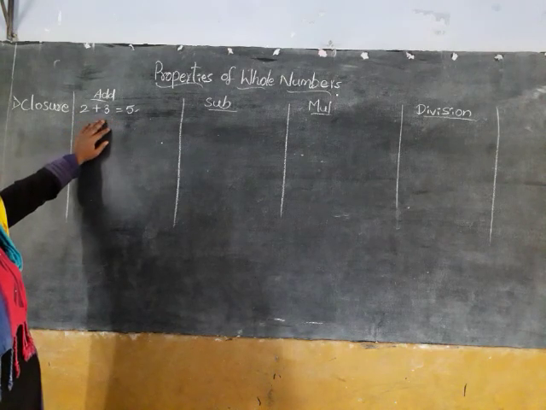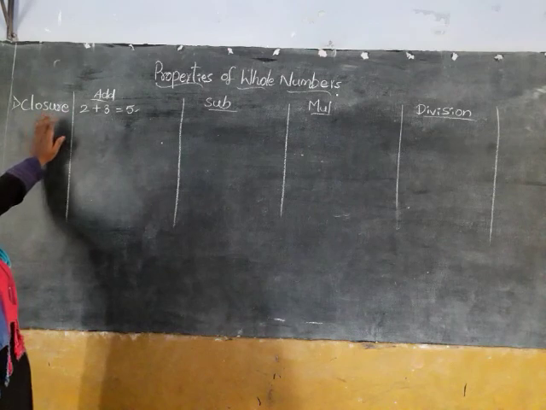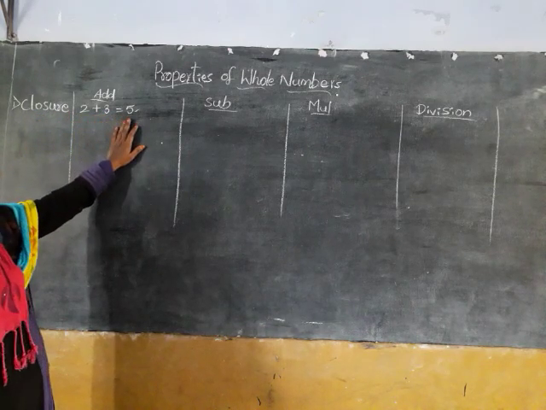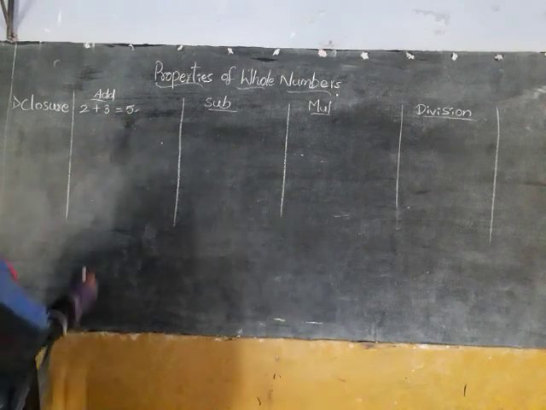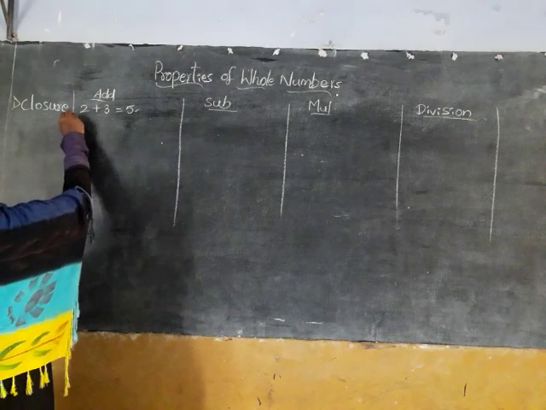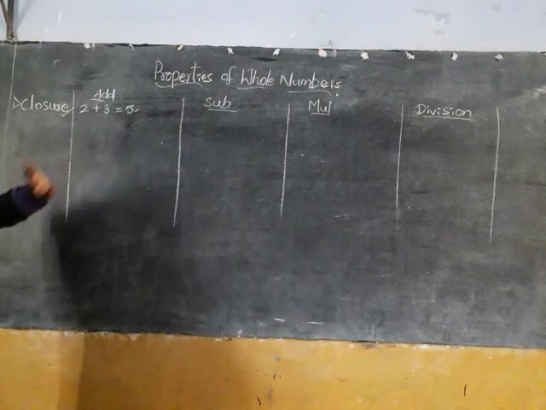Why? Because when you add two whole numbers, you get an answer which is also a whole number. From this you can say that closure property is satisfied under addition.